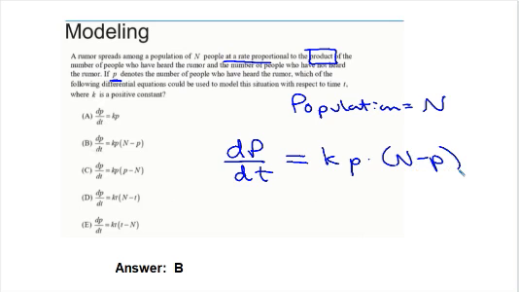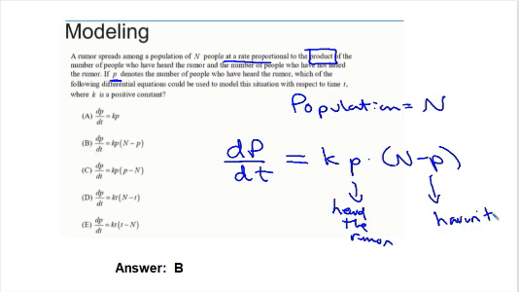P is the number of people who have heard the rumor, and n minus P are the ones who haven't.